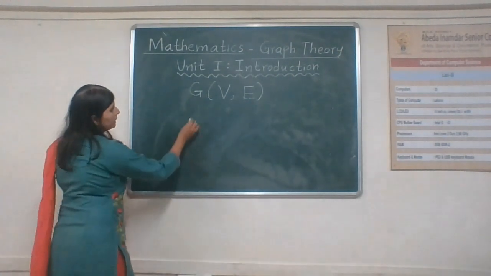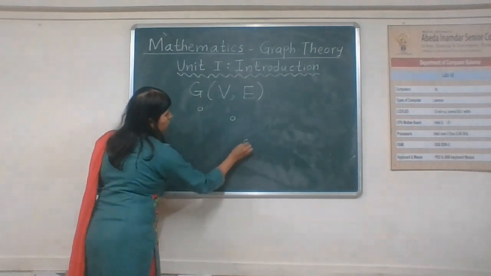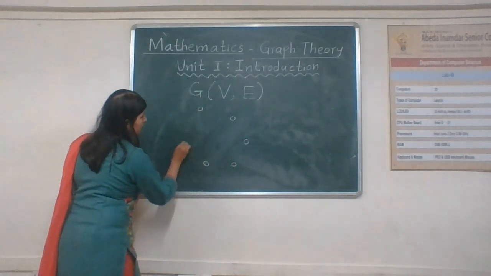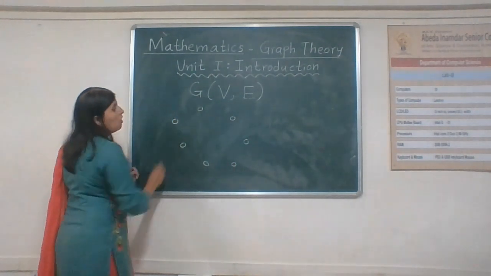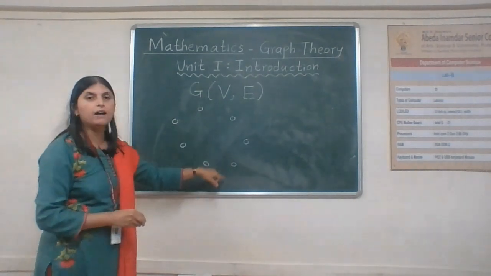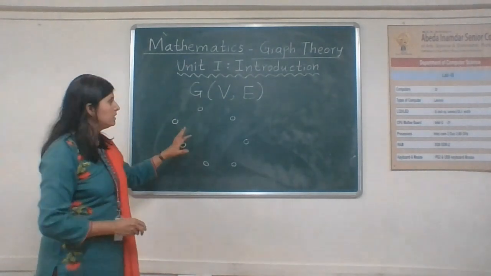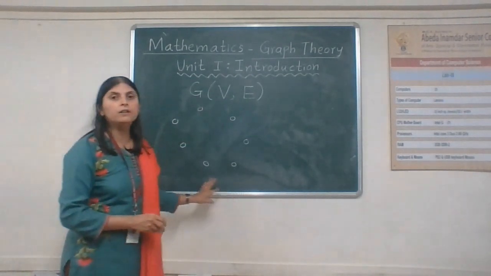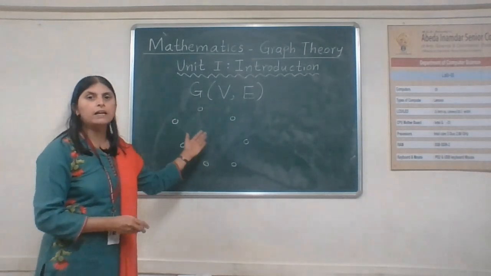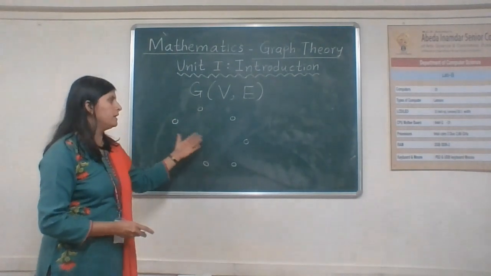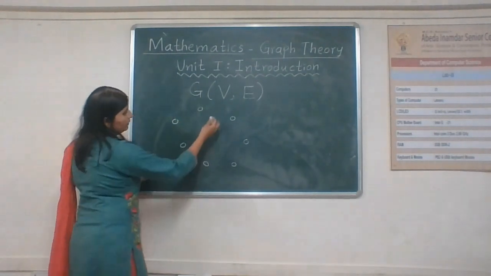So I will draw one graph here. I am drawing some small circles. All these circles are considered as vertices. Generally, these vertices are denoted by small letters like A, B, C, D, E, P, Q, R, S or V1, V2, V3 like that.